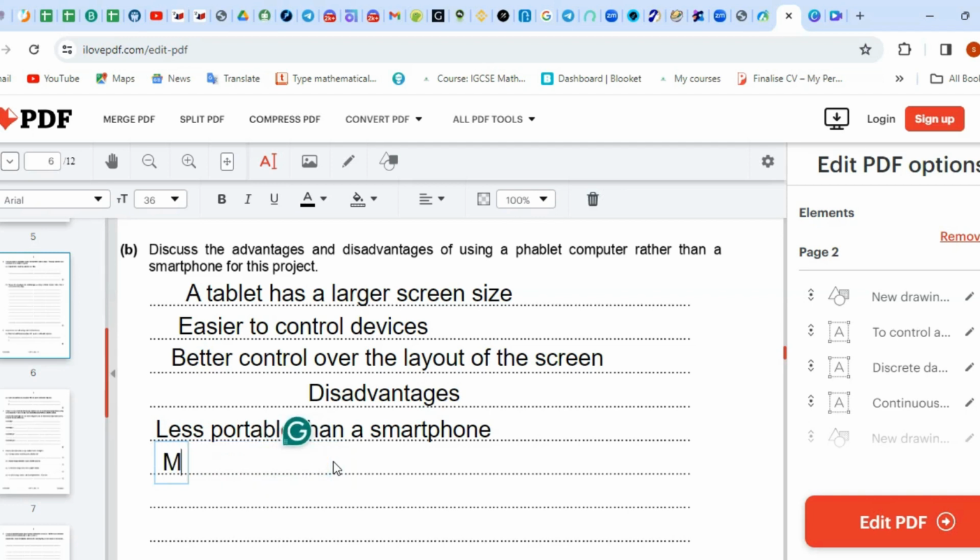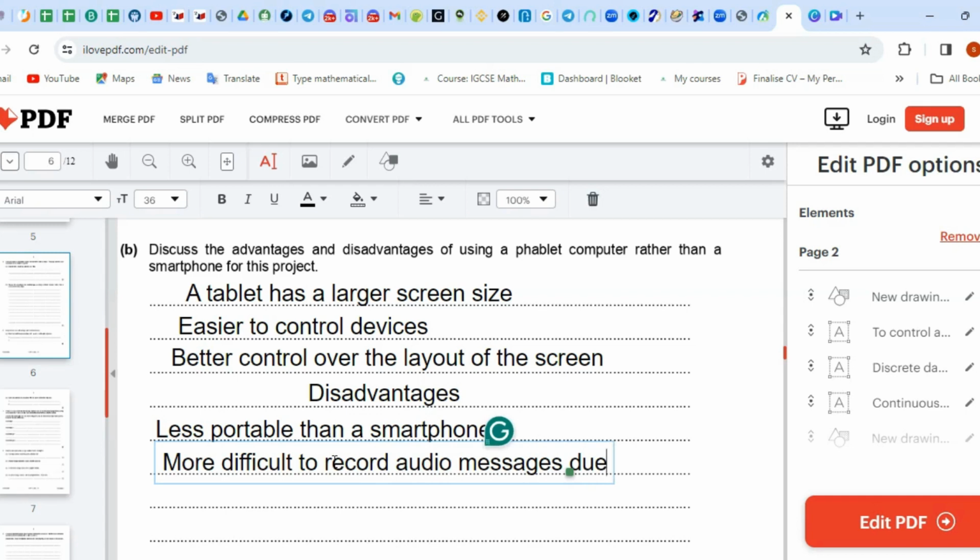More difficult to record audio messages due to its size.